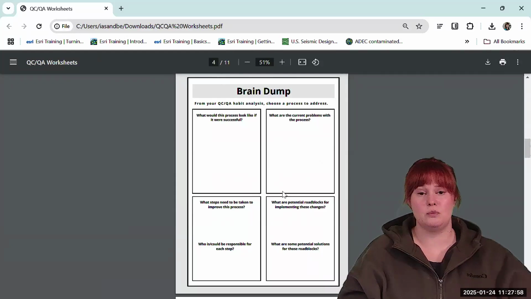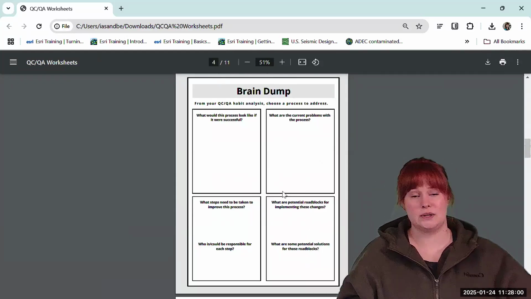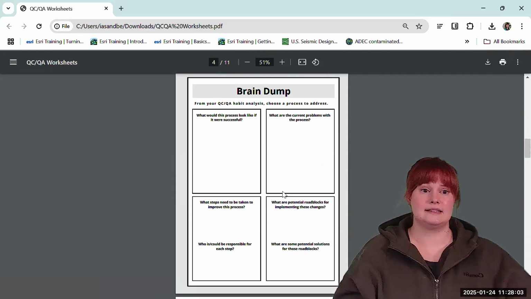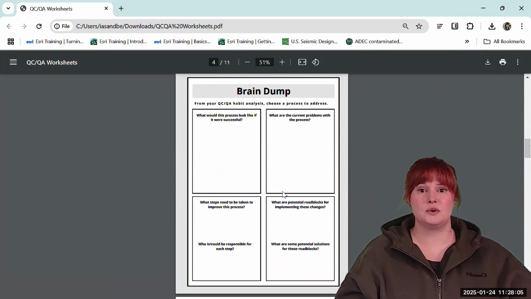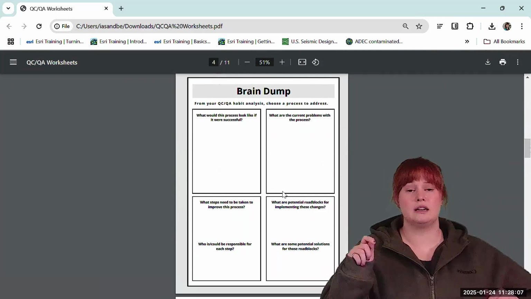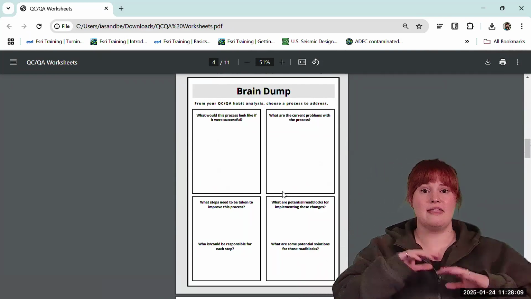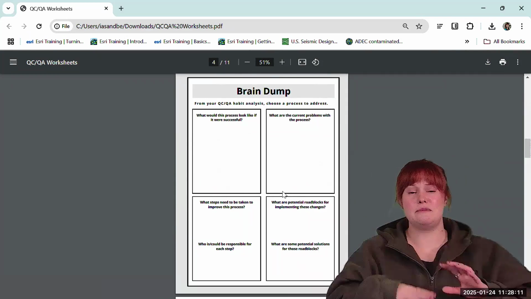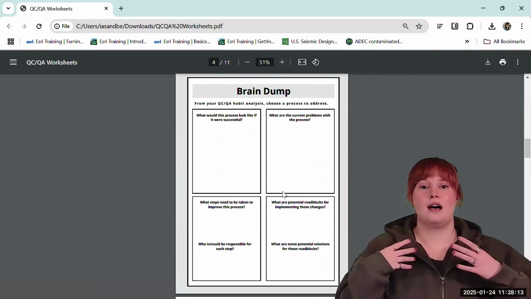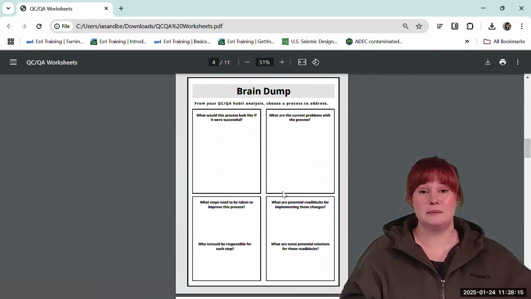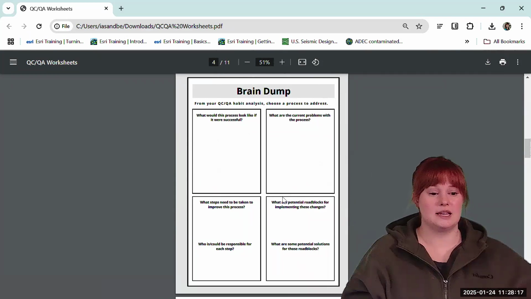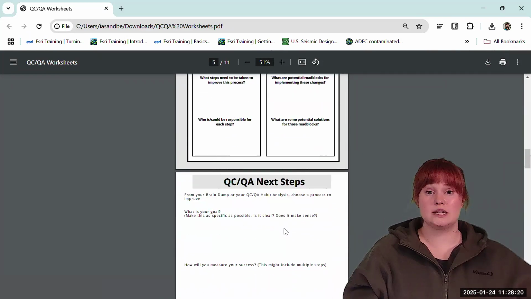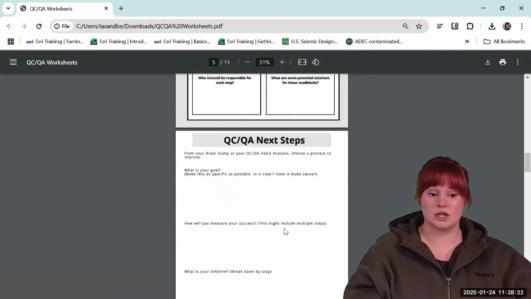Are there things that we can do? Maybe it's, hey, we need IT to help us a little bit, or maybe we need all of the signatures to be in blue ink or black ink or whatever, and that is a struggle. They're really grainy. Maybe you can do some things to make this work out a little bit better, but think about those things. So then you want to move on to our next steps worksheet.